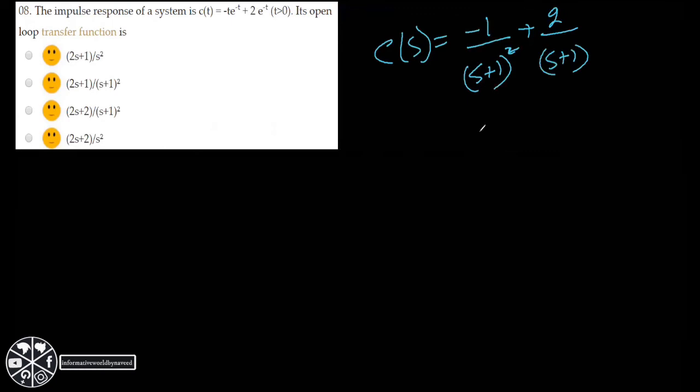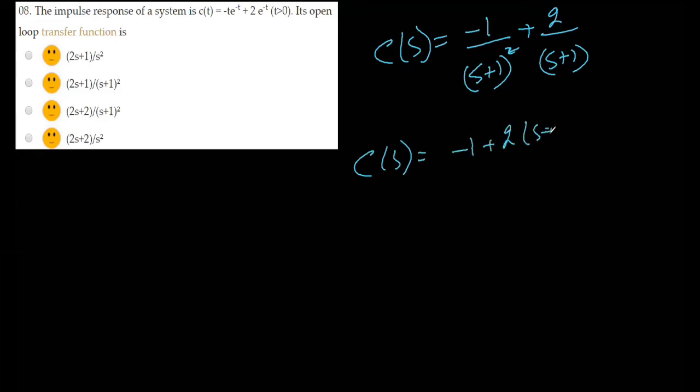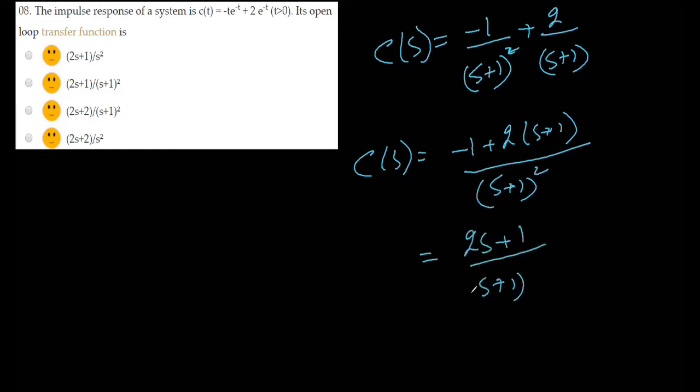So your C(s) will be equal to (minus 1 plus 2 into (s plus 1)) divided by (s plus 1) whole square. So that will be equal to (2s plus 1) divided by (s plus 1) whole square. This is your C(s).